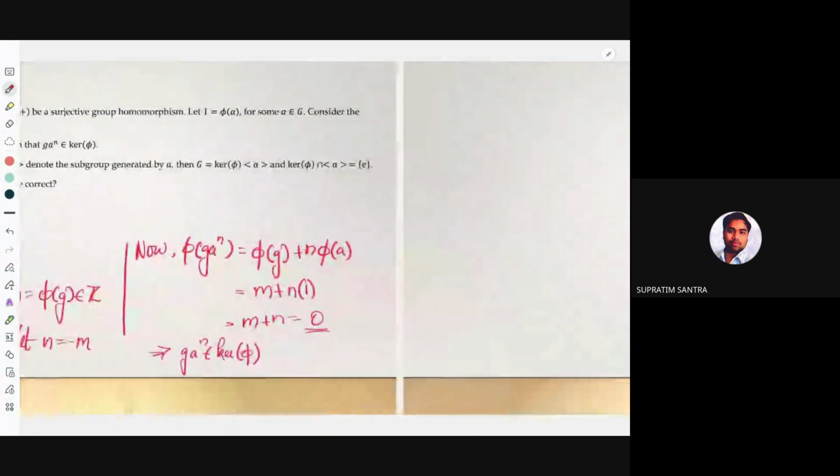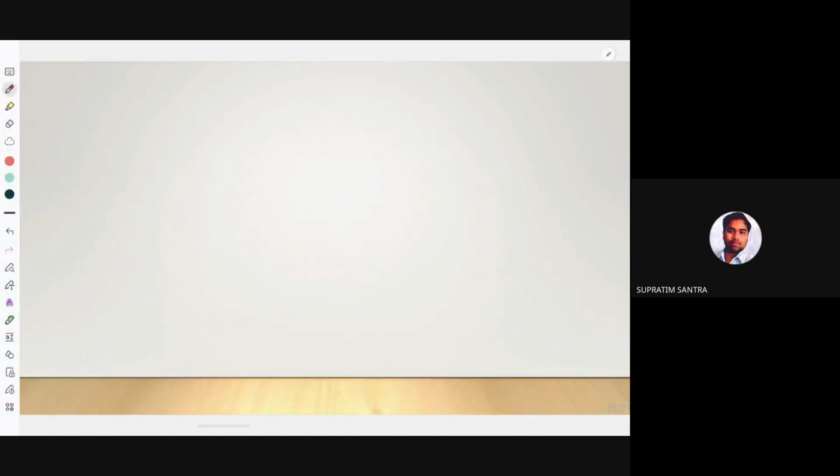One more way which someone could have looked at it is we want g a power n to be in the kernel of phi. So now let k be any integer, then phi of g a power k is again phi of g plus k times phi of a, which is basically phi of g plus k.